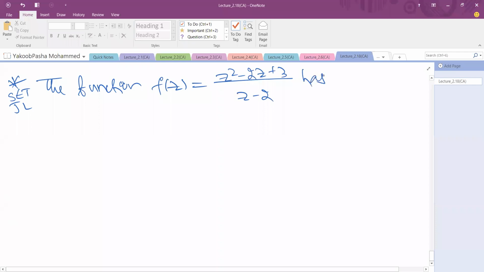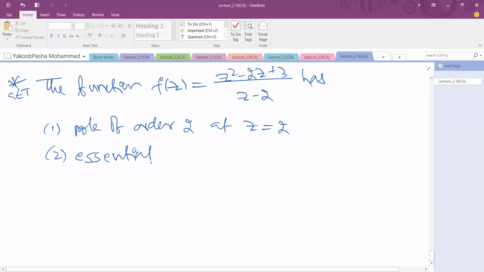Okay, we have options here. First option, a pole of order 2 at z is equal to 2. And second option, essential singularity at z is equal to 2.